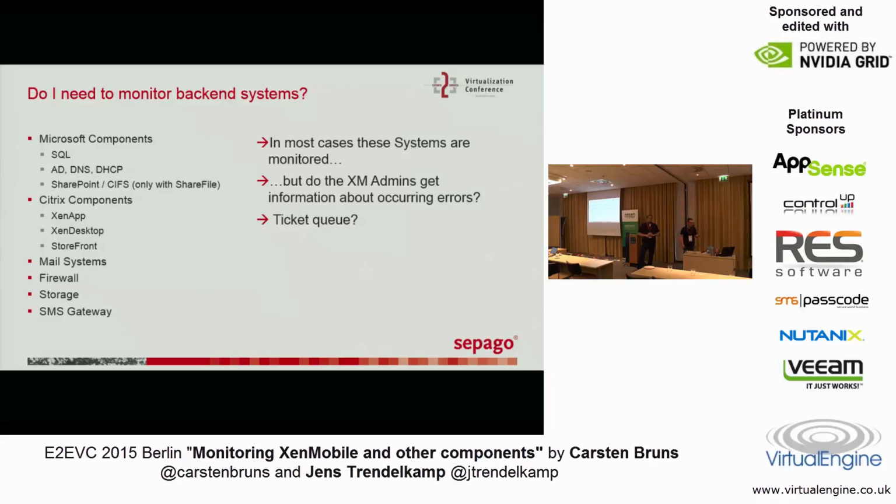So if something happens with my Active Directory or with my firewall, will the XenMobile administrator be informed? I think this is very, very important, because if your mail system isn't running, you can troubleshoot your work mail a long time until you recognize that your mail system is down.